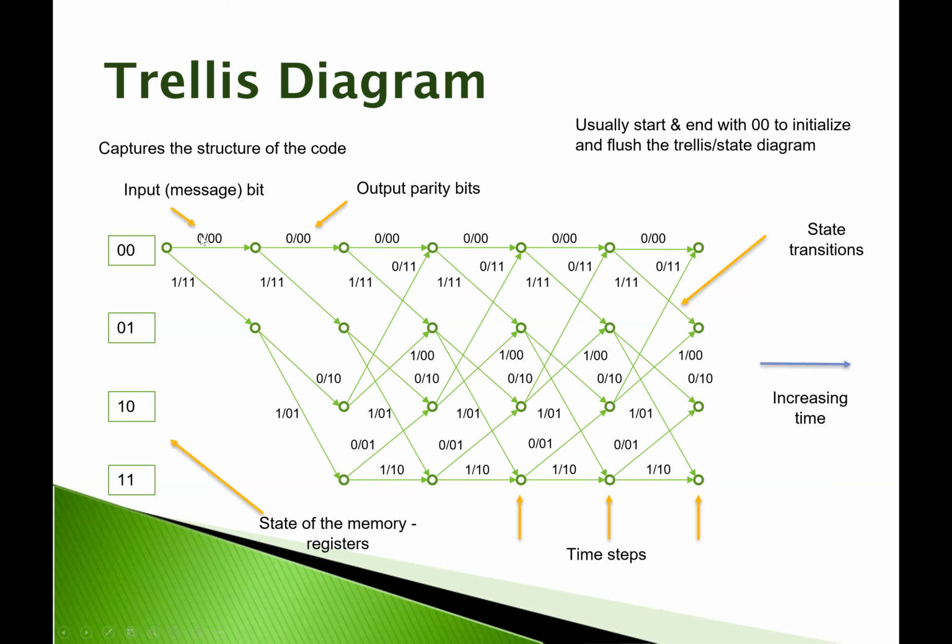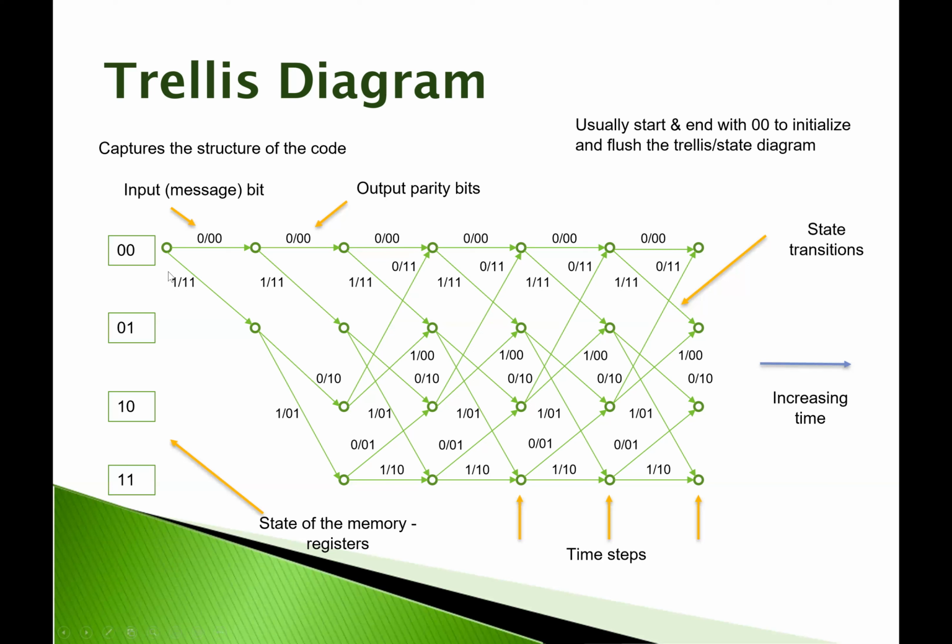We have an input bit denoted on each of the state transitions, and we have the output parity bits also associated with this. So you see that these outputs are a function of what state we're presently in and the input, right? If you were writing this in function notation, it would be a function of the current state and the input bit.